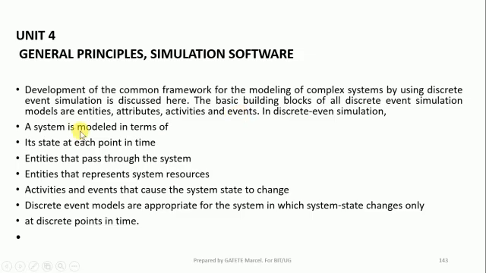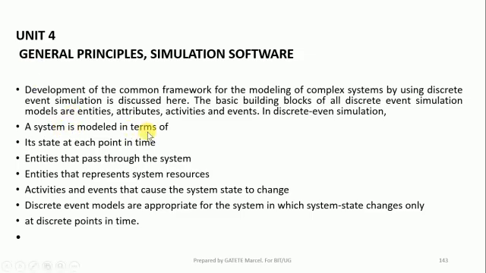For example, entities: people, customer, and server; attributes: customer name, customer age; activities: for example, we can say deleting a customer or arrival; events. Activities and events are almost the same, but there are some differences. Activities are the tasks which are performed by entities.